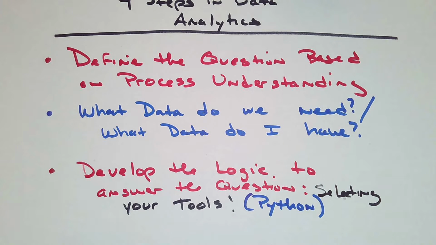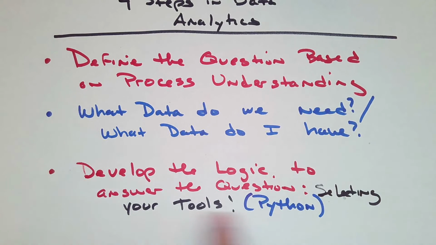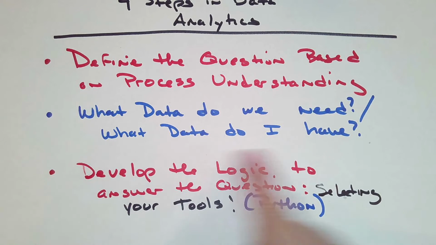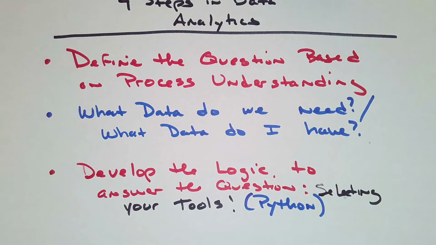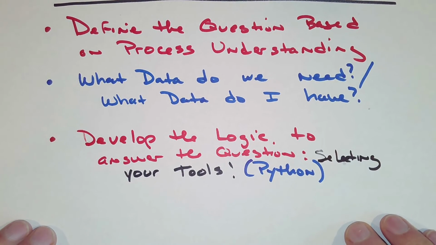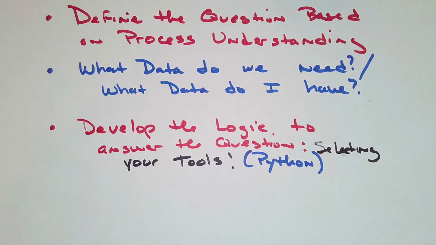You still have to use Python in this course because this course is Python Data Analytics. But I always want you to be thinking, what's the right tool? What's the right logic? And what's the right tool within that logic, given the data that I have, to answer this question? And at the end of the semester, I'm going to ask you to give me a little reflection paper on if you had to choose a different tool, what tool would you use and why?